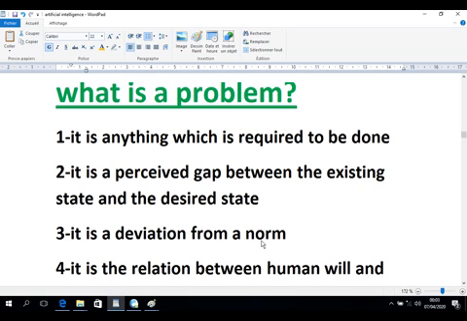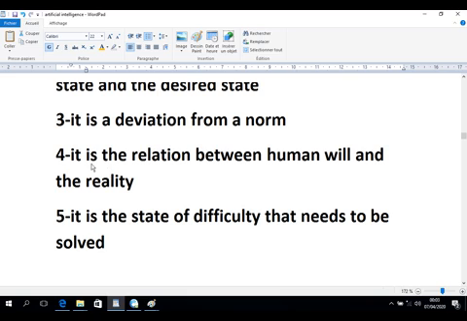Another definition is, it is a deviation from a norm. A problem is also the relation between human will and the reality.